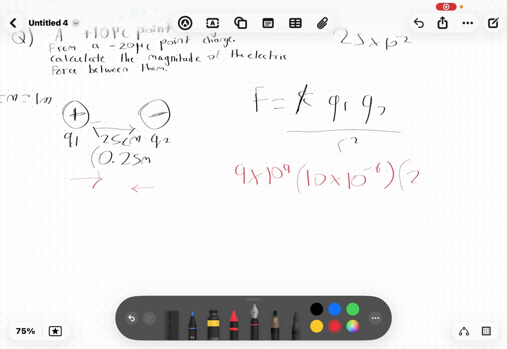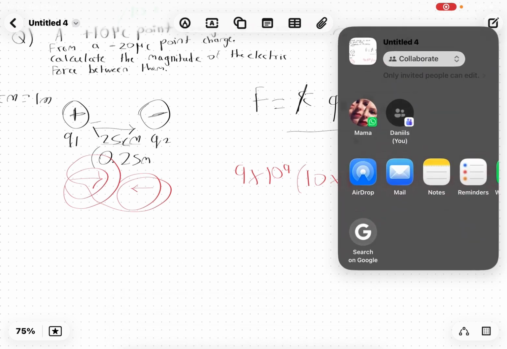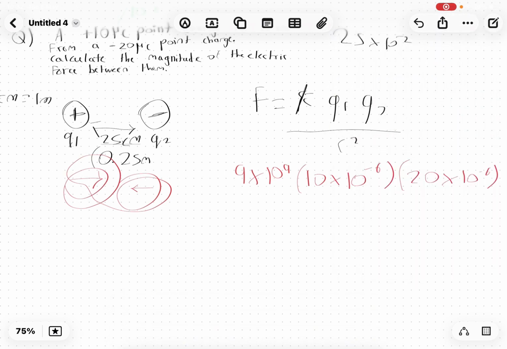Then 20 times micro. It doesn't really matter, because we're looking only for the strength, right? Force is a vector, and vectors have directions and strengths. I did a video about vectors. Here they're not asking about direction, and we know the direction.